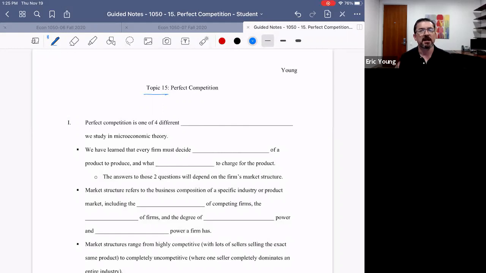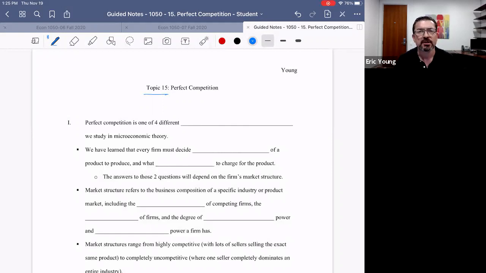So we have different industry types, and a big task in micro theory, and therefore in this portion of the course, is to start analyzing and dissecting those different market structures, and then learning how they differ, with the ultimate goal of not just seeing how they operate, but also asking an important question.